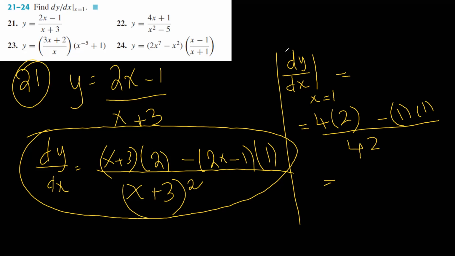So 4 times 1 is 4 minus 1 is 3, over 16. Is it clear? Yes.